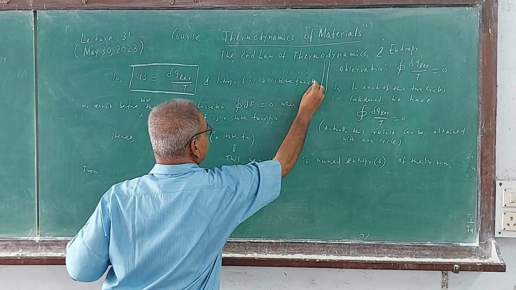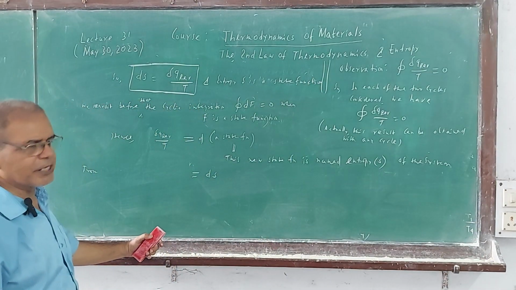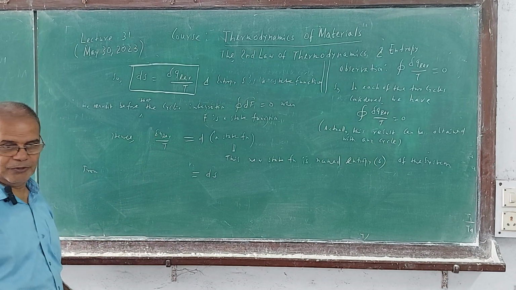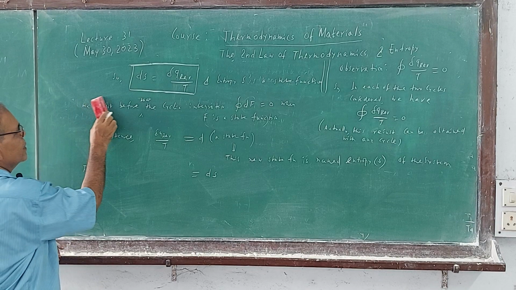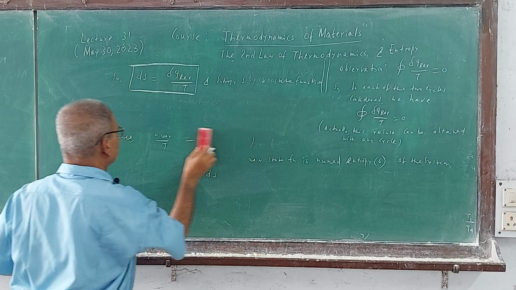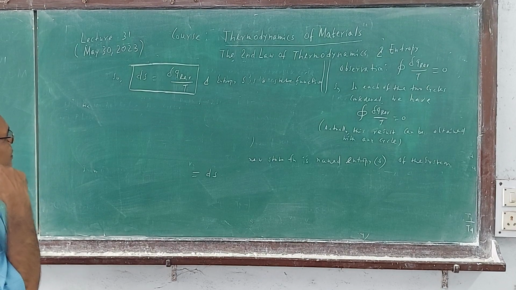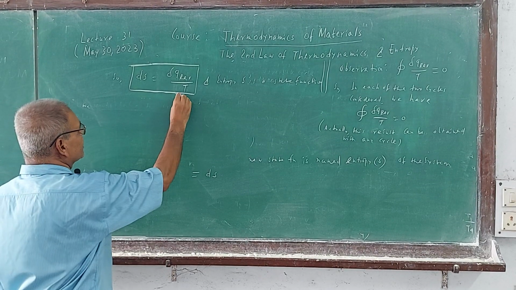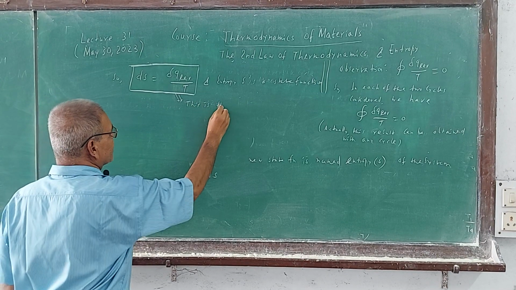You have read about many state functions: enthalpy, internal energy, pressure, volume, temperature. So it's new, added with the second law. I will give you the exact statement of the second law later. So entropy is a state function, and dS is dq reversible by T. This is the definition of entropy.